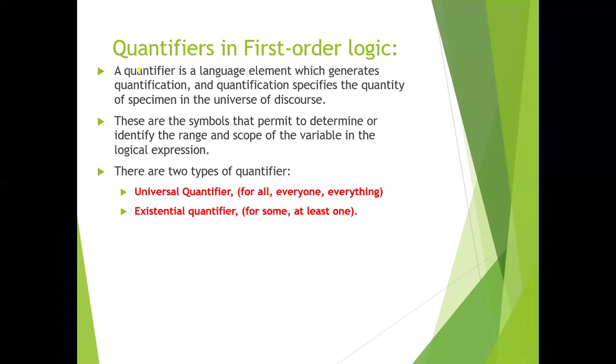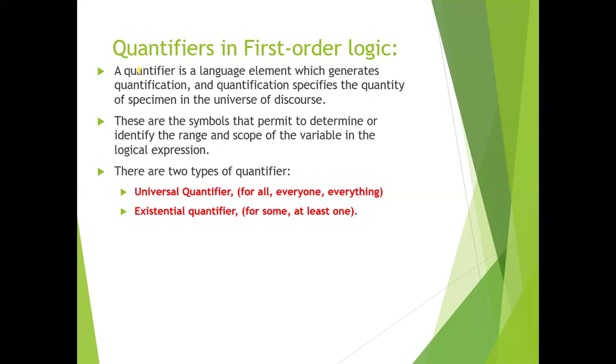That type of sentence is first order logic or a predicate sentence. For doing that, we need a quantifier. A quantifier is a language element used to specify the quantity of the specimen we are going to use. It identifies the range or the scope of that variable in the expression.